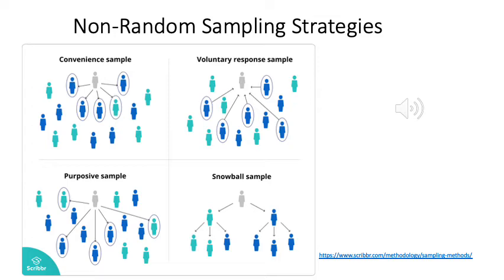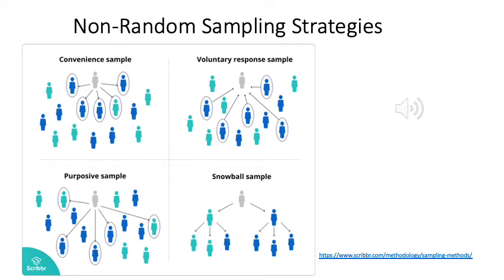Oftentimes these are in journalistic sources, could be an online survey, but sometimes scholars use them as well, particularly if they're not necessarily concerned with the overall population, but they're simply trying to compare subgroups, for instance. Now, the most simple non-random sampling strategy is a convenience sample. You just pick people that are the most easily available to you.